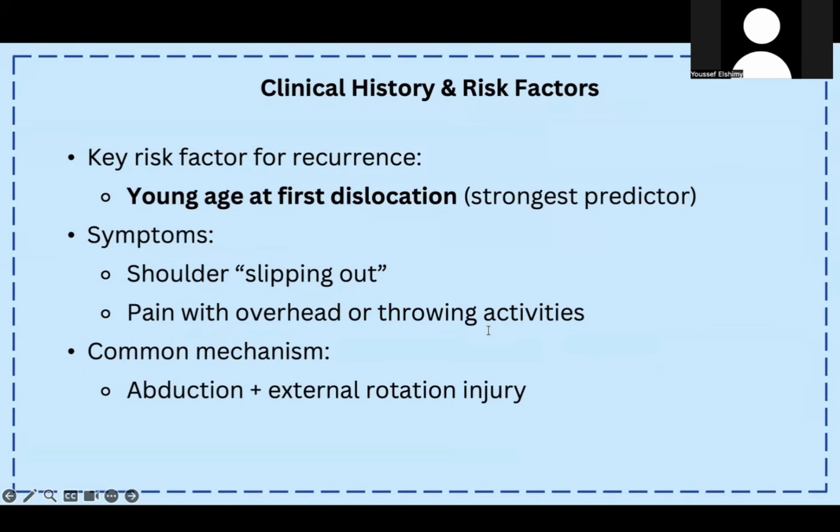Younger patients have a much higher likelihood of repeated dislocations. So what would be the symptoms? Patients often describe a feeling that the shoulder is slipping out of place, particularly during overhead movements or throwing activities. The classic mechanism of injury involves the arm being forced into abduction and external rotation.